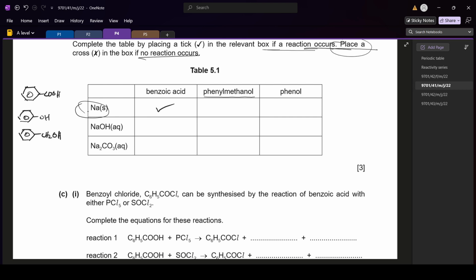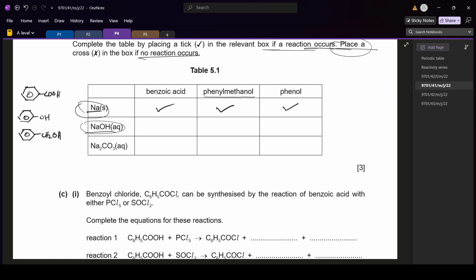Sodium will react with benzoic acid, and the H will be replaced by Na, forming a salt, sodium benzoate. Phenyl methanol will also react with sodium, and the H will be substituted with Na. So yes, the reaction will occur, and the reaction will also occur with phenol.